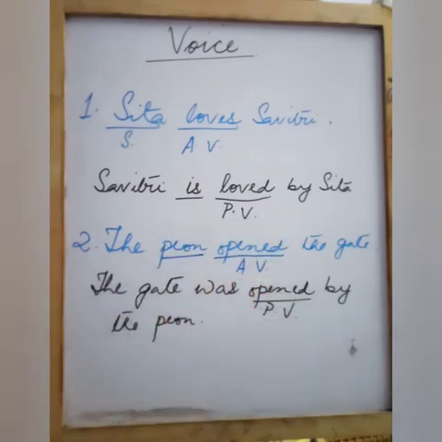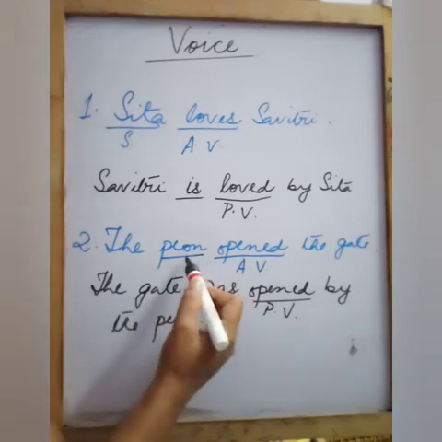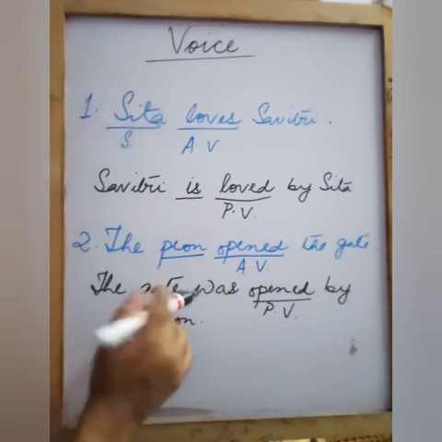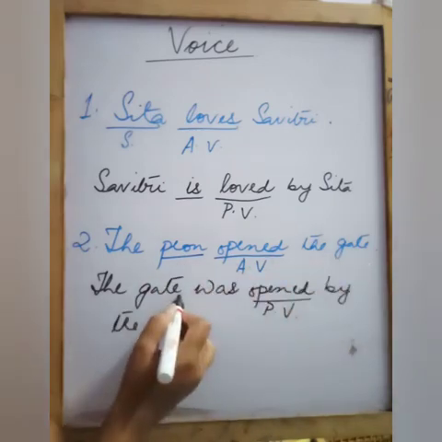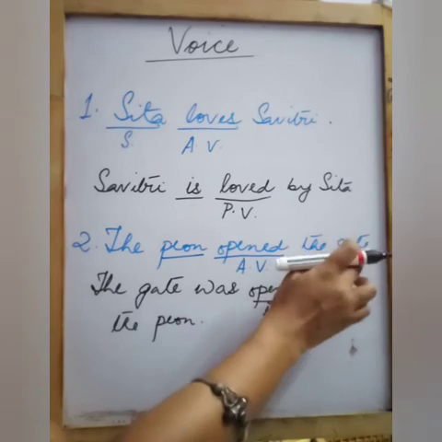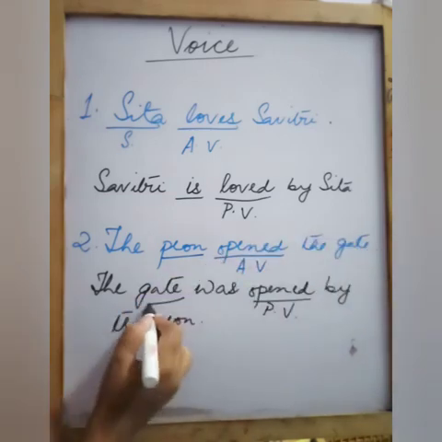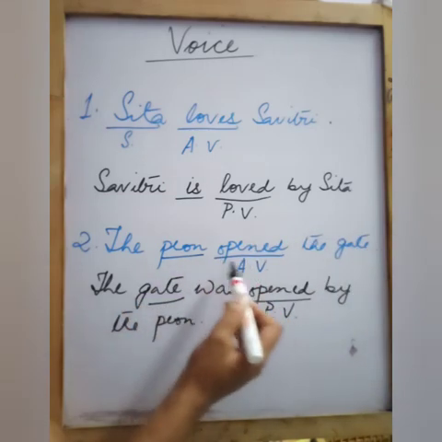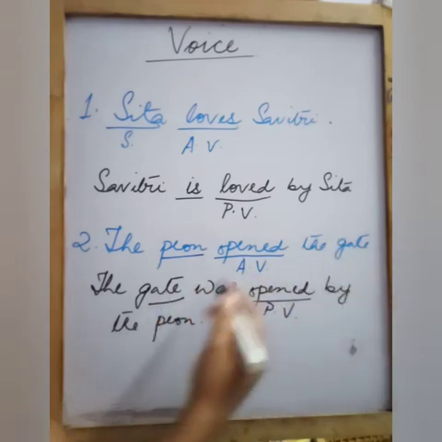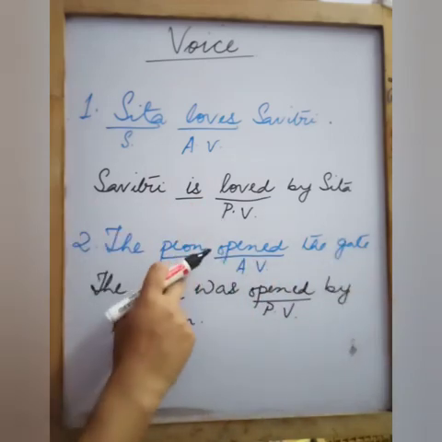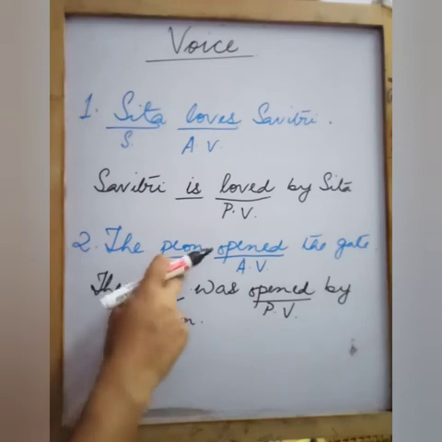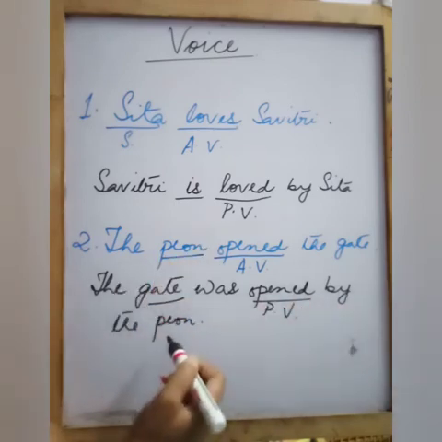Here the action is being done by the subject, and here the gate, the object, is becoming the subject when the voice is changed, isn't it? The gate was opened by the peon.